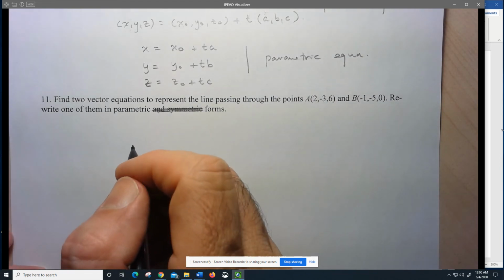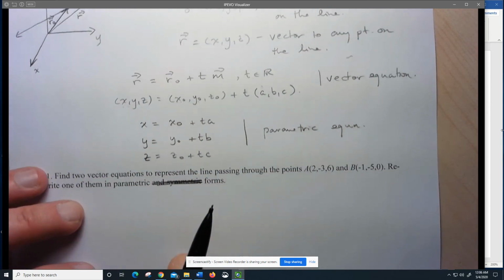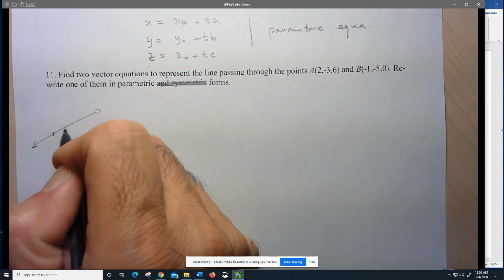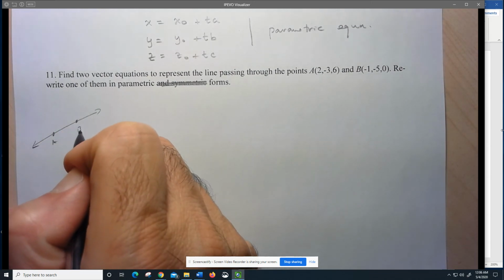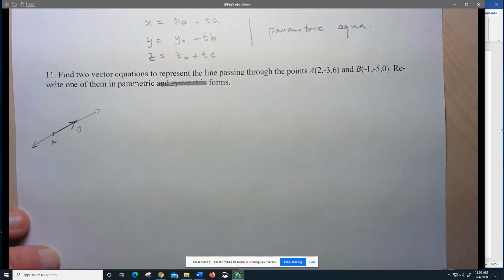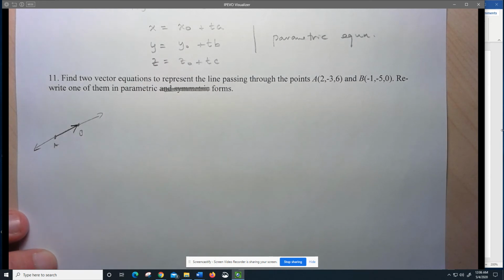So the first thing I need is a vector that's parallel to the line. If A and B are on this line, it makes sense that the vector joining them is going to be parallel to the line. Of course, the vector BA would also be parallel to the line.